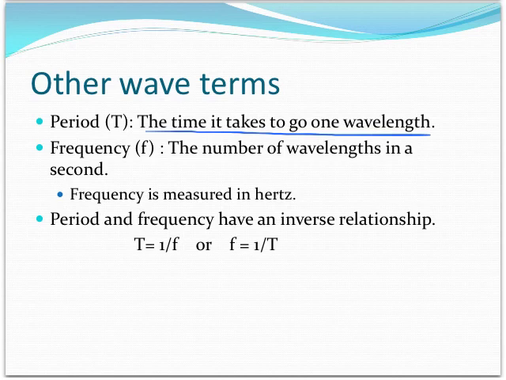Okay. So say there's 5 waves in 1 second, then your frequency would be 5 hertz, okay? Whereas then it would be 1 wave every like 0.2 seconds, all right, for your period.